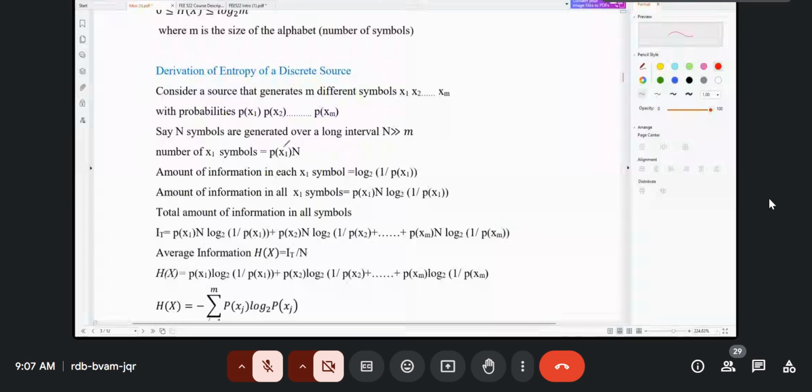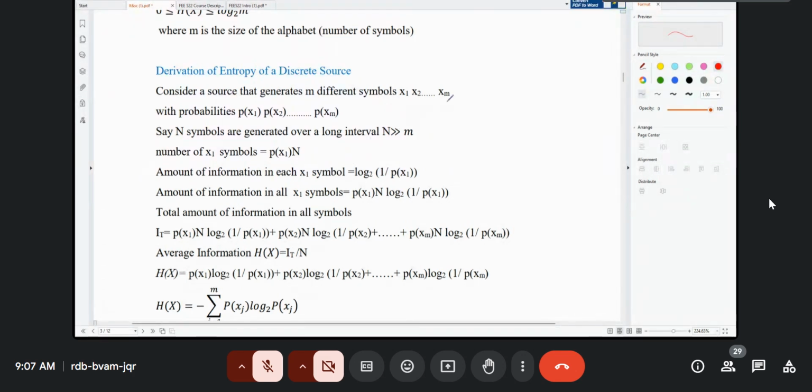Say N symbols are generated over a long period. This makes sense. You have M possible symbols, but they are generated over a long interval N, which is much bigger than M.